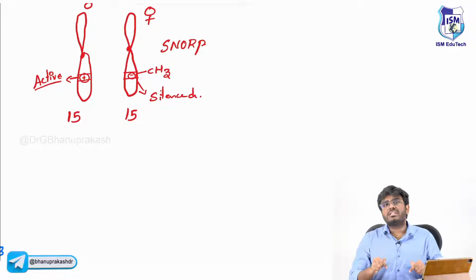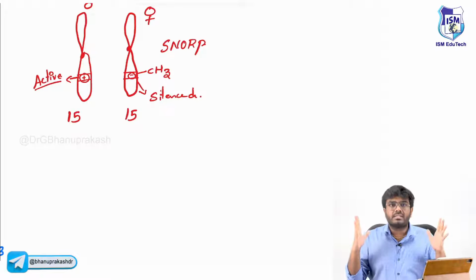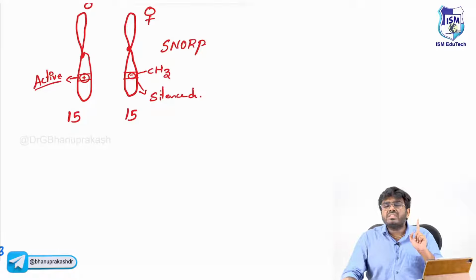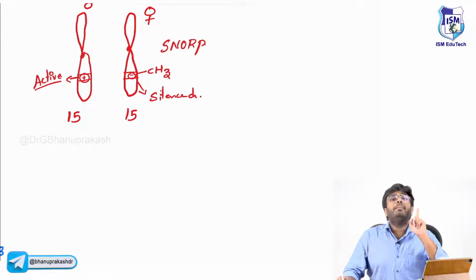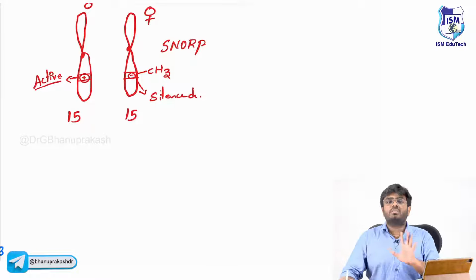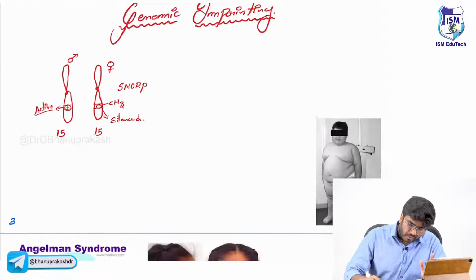But in this condition, it is not following Mendel's law. Yes, two SNRP genes are there, but by default all our maternal SNRP genes are silenced. So which SNRP gene is active? Only the paternal SNRP gene is active. One is silenced, one is active. Now, let me tell you about one more gene.